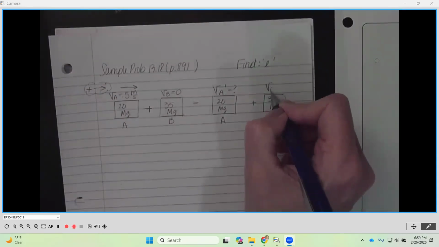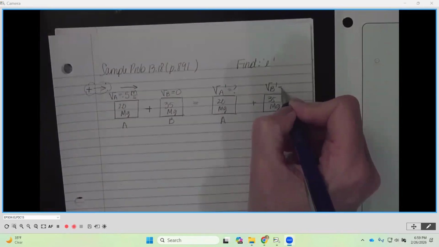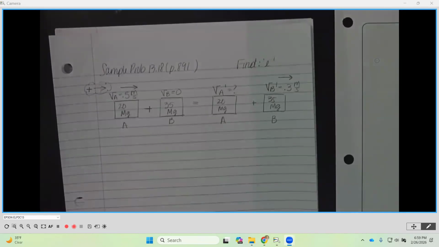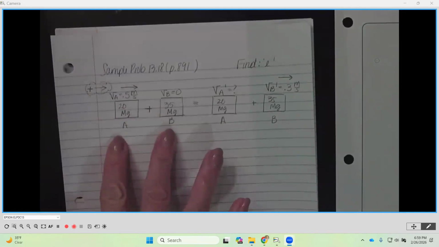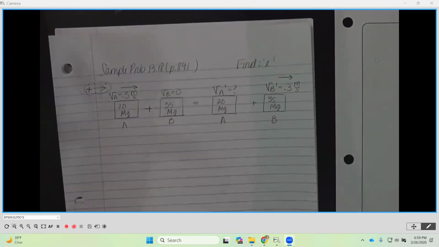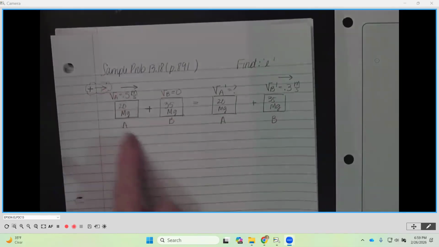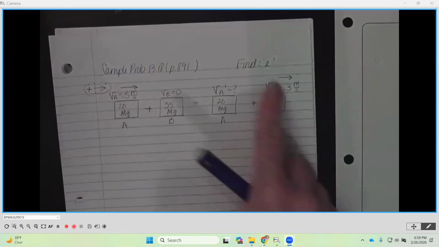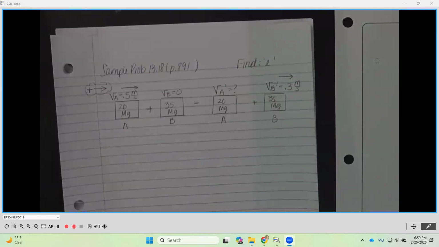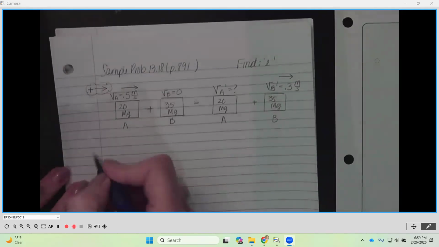And then our velocity B prime is equal to 0.3 meters per second, and it's going to the right. Now, because we're just dealing with the two railroad cars, there is no outside impulse acting on this. So the before momentum is going to equal the after, which is that conservation of linear momentum. So that's going to be our approach.